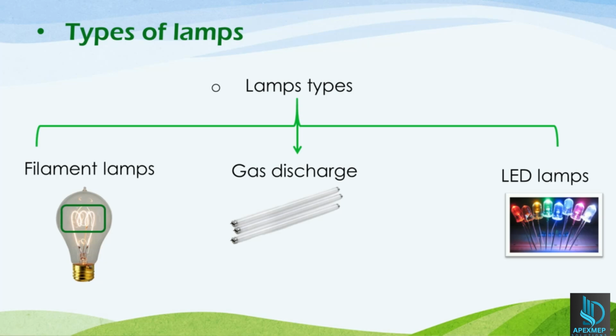And finally, we have the LED lamps. So they are a new technology of the lamps that uses the semiconducting material to produce the required light, as the LED is the abbreviation of light emitting diodes. So that means the LED lamp is nothing but a special kind of diode that is used to produce the required light.